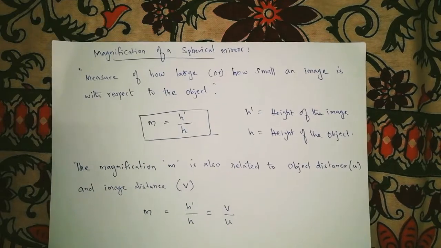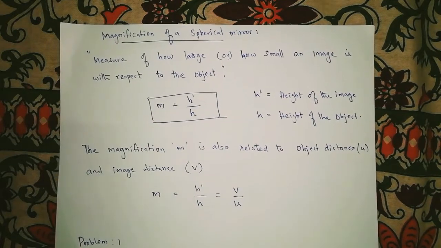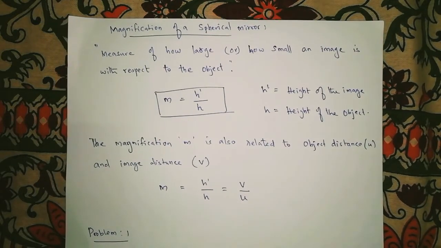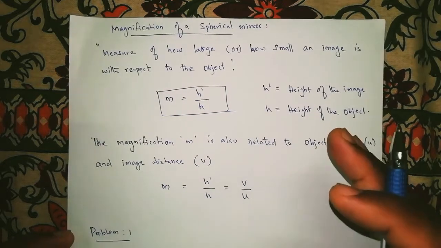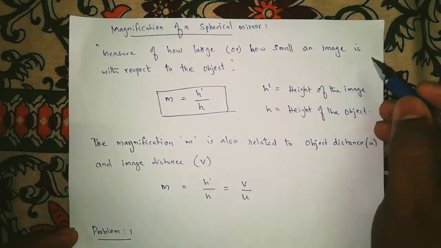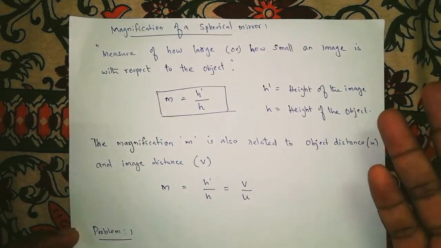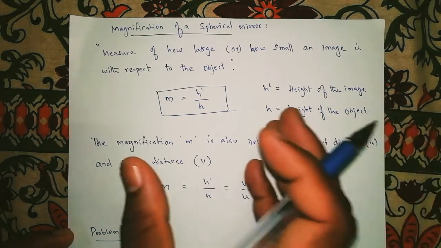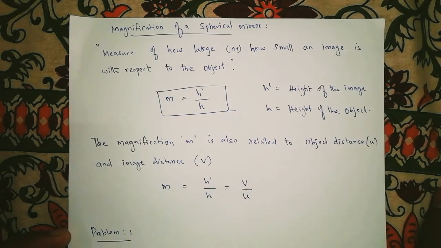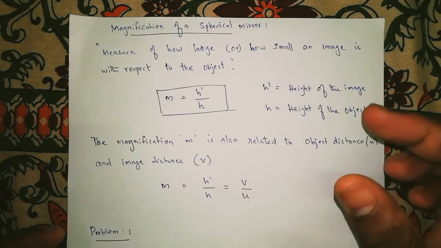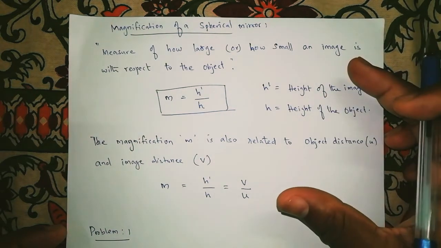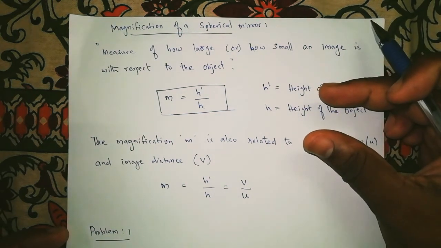The next thing we are going to learn is the magnification of a spherical mirror image. When a mirror is kept, it may be convex or concave, and the image formed on it is sometimes large and sometimes very small.